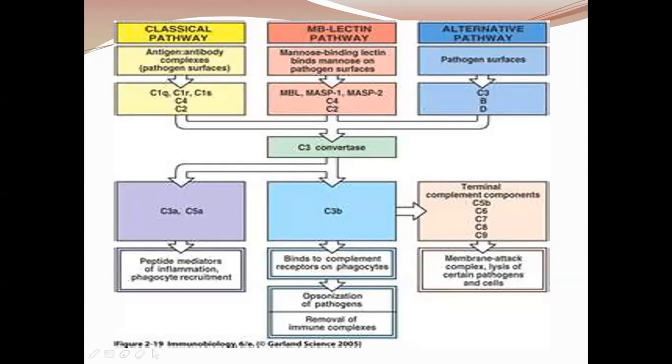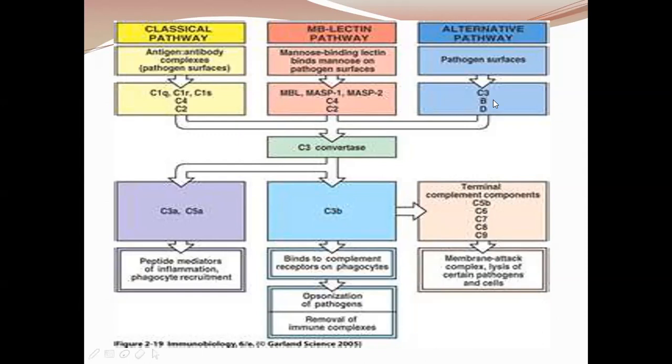If you look at the classical pathway, there's a formation of antigen antibody complexes which are present on the pathogen surfaces, resulting in the formation of C1q, C1r, C1s, and C4 and C2. The MB-lectin pathway and alternative pathway, which are also present on the pathogen surfaces, result in the formation of the major pathway, that is the C3 complement pathway.